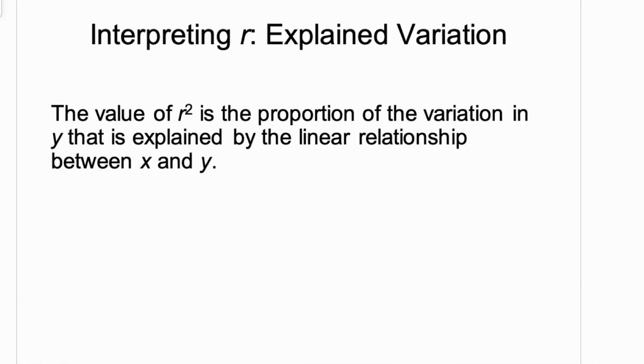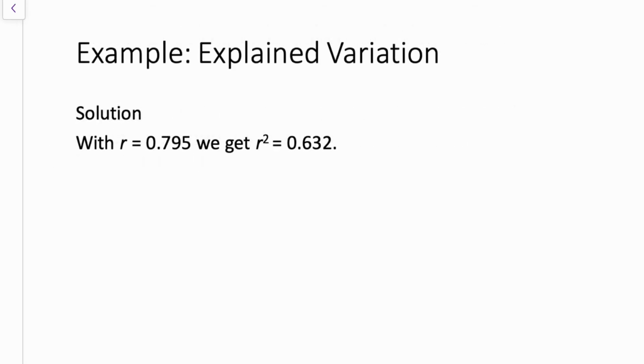So how do we interpret R? One way is to look at R squared actually, and that is going to be the proportion or percentage of the variation in Y that can be explained by its relationship with X. If we take our value of R and square it, we get 0.632. And so what does that mean?